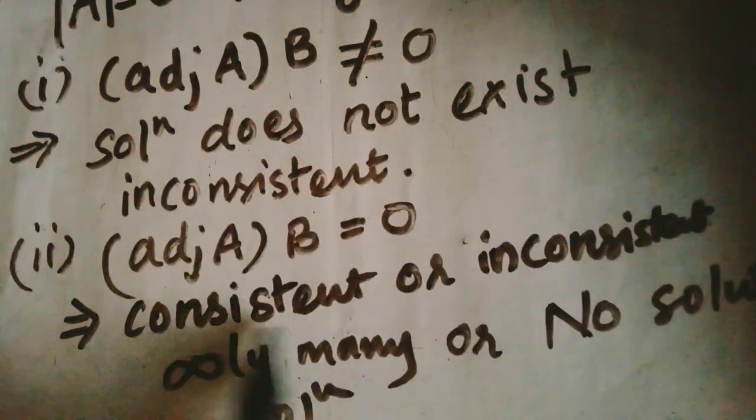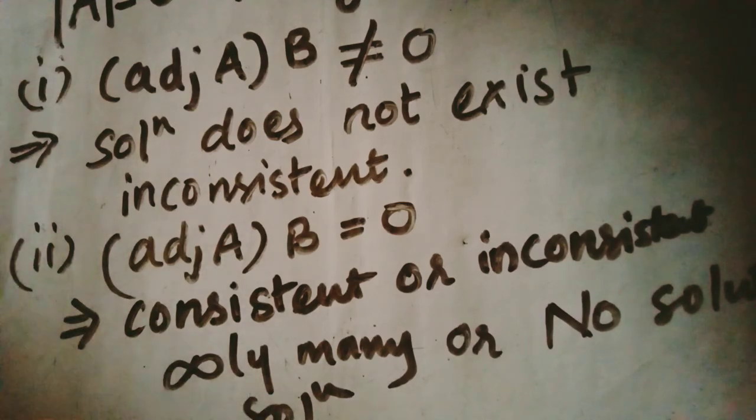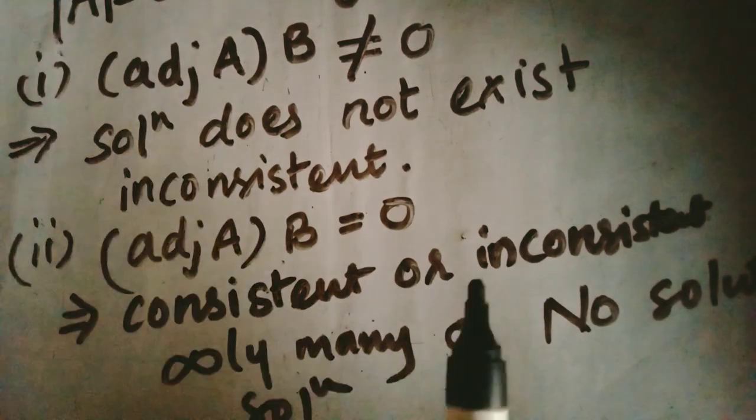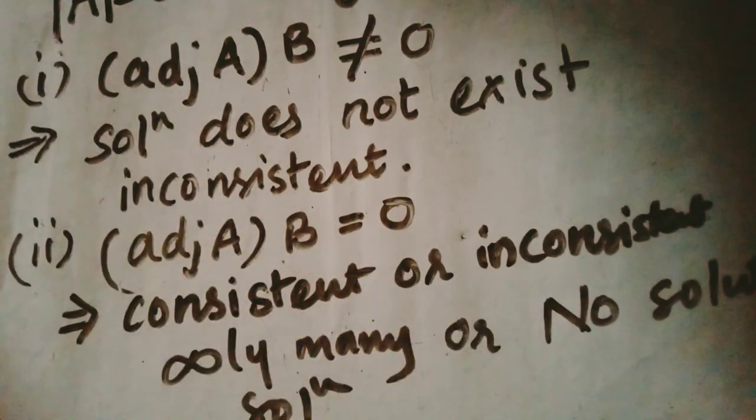Consistent means it has solutions, so this is basically the case of infinitely many solutions. So these two cases you have to remember. Whenever you get A to be a singular matrix, you have to check for these two conditions, and this will decide whether your system is inconsistent or consistent.